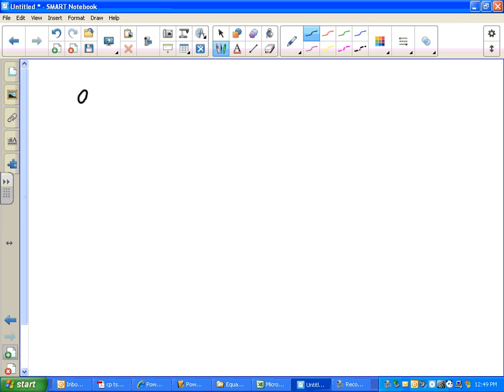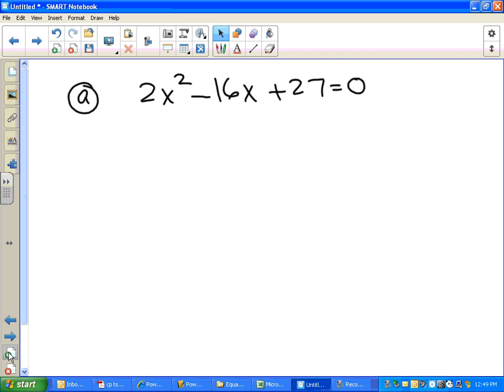Example A on the sheet is 2x squared minus 16x plus 27 equals 0. What we're going to do now is plug in the correct a, b, and c values into our quadratic formula. First, let's identify what a is, what b is, and what c is.